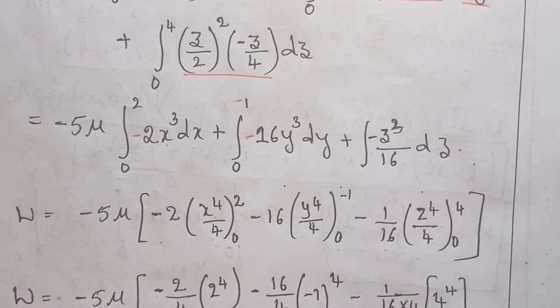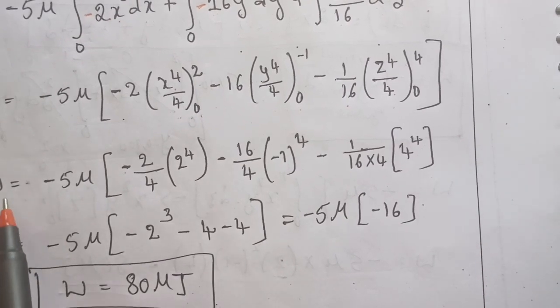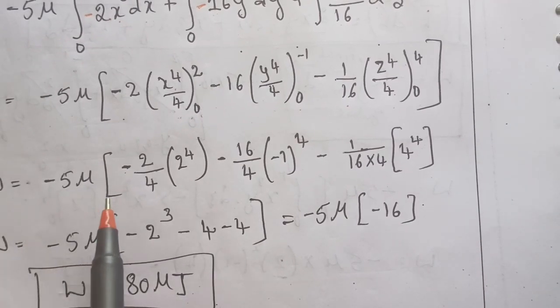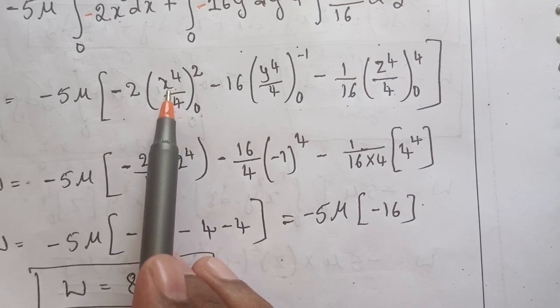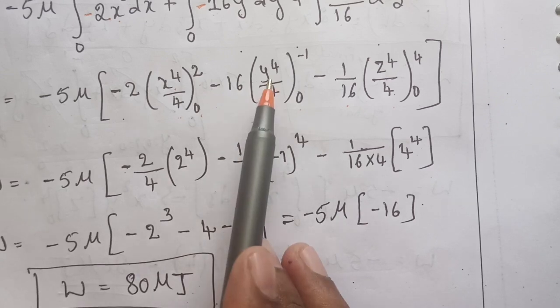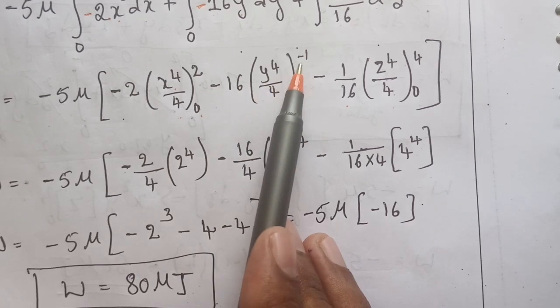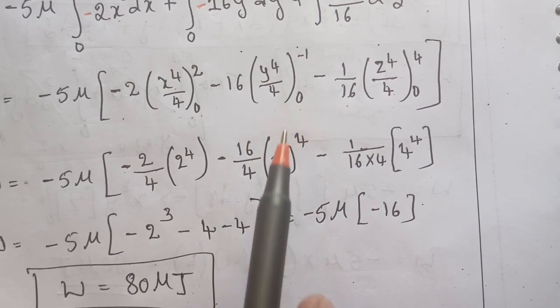So this is the work done, which equals minus 5 microcoulombs into minus 2 by 4, I will take it outside, substituting the limits 2 to the power 4, minus 16 by 4 into, in place of y I will substitute minus 1 power 4, because the lower limit is 0.